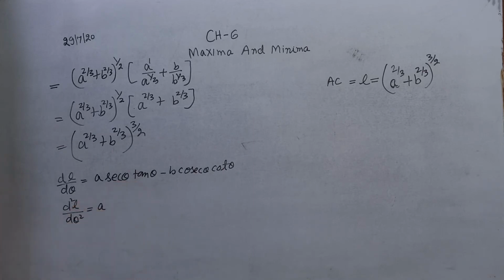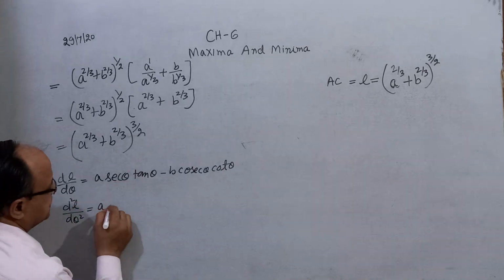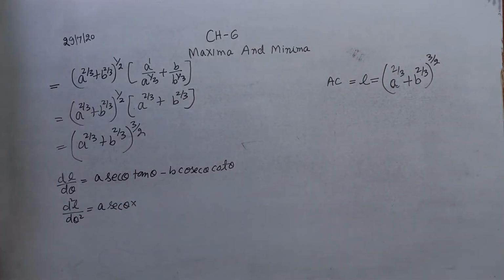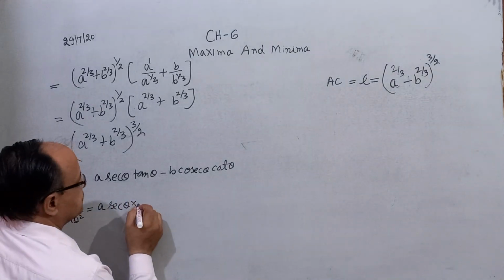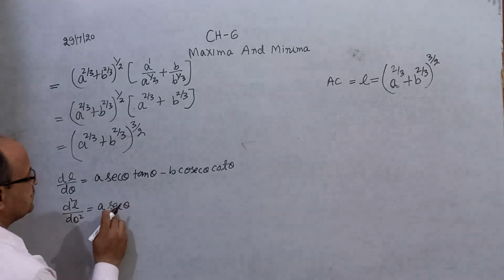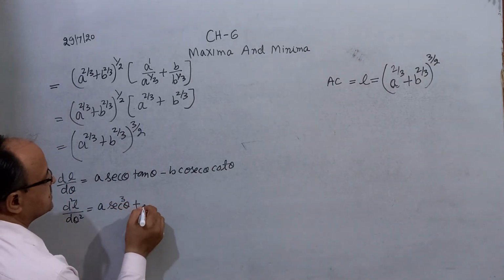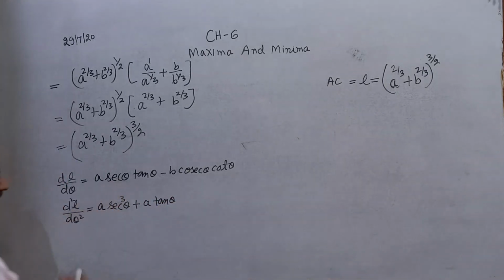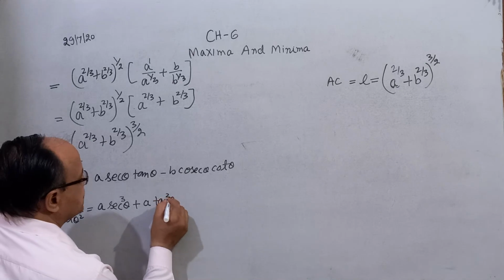Apply the product rule here. Sec theta as it is, and the derivative of tan theta is sec square theta. Sec square theta into sec theta is sec cube theta, plus tan theta as it is, and the derivative of sec theta is sec theta tan theta. When you multiply this, that is tan square theta sec theta.